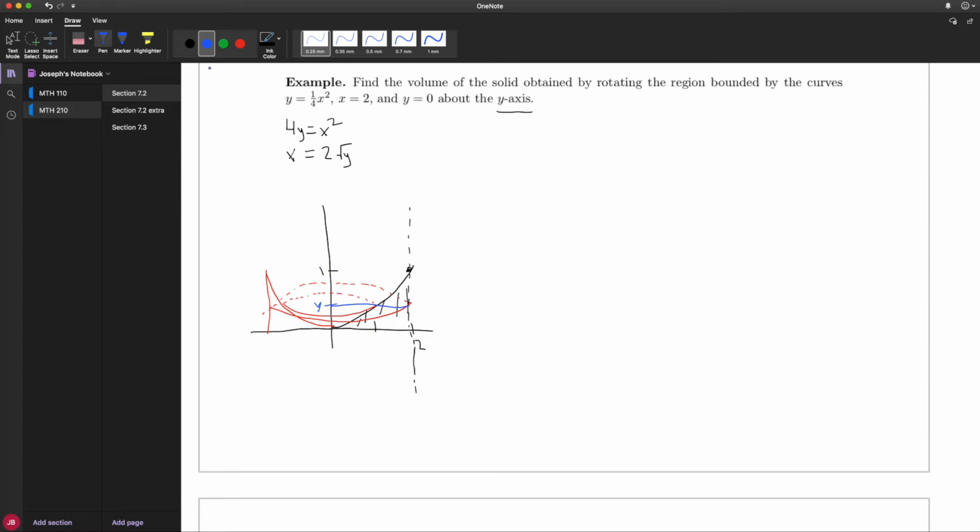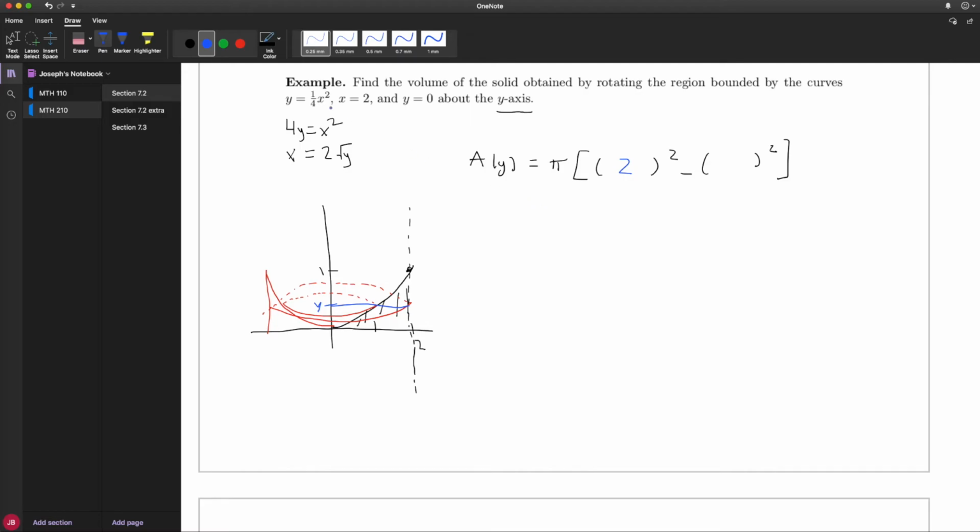So here is our first big observation. Well, we're going to get outer radius squared minus inner radius squared all times pi. That'll be our cross-sectional washer area. But the outer radius is being formed by just the line x equals 2.